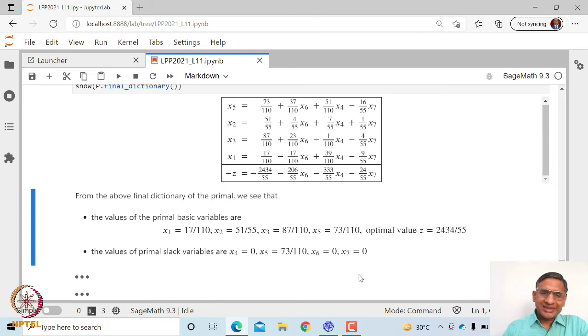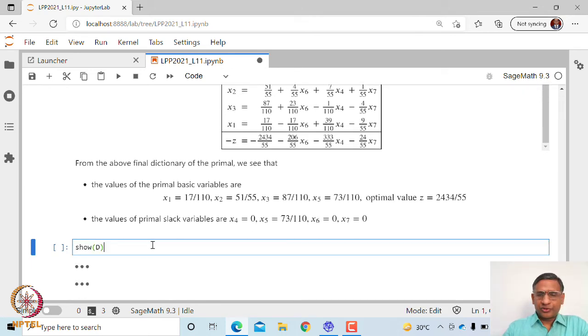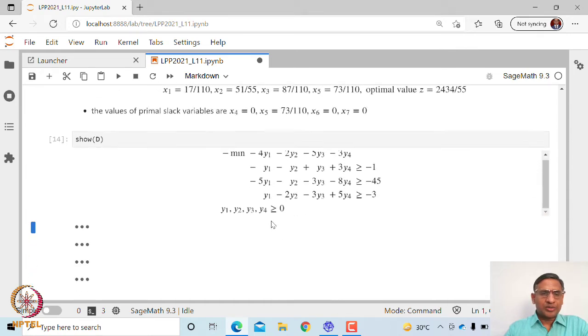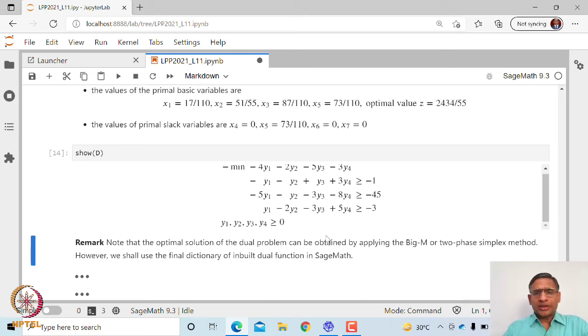Now if you compare this with the dual problem, look at it.